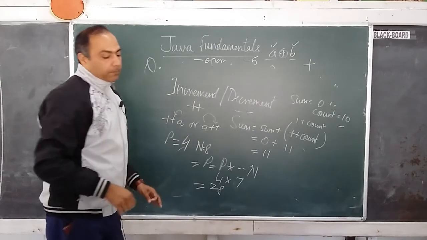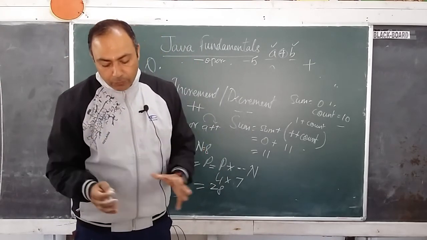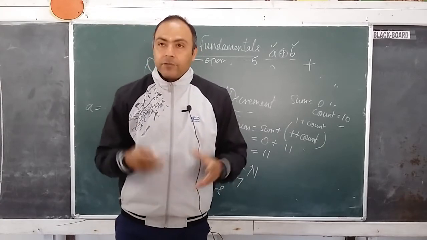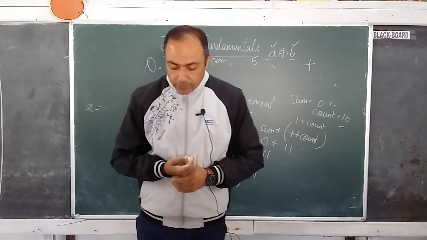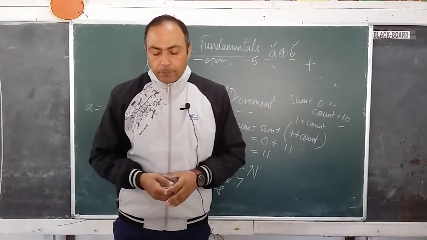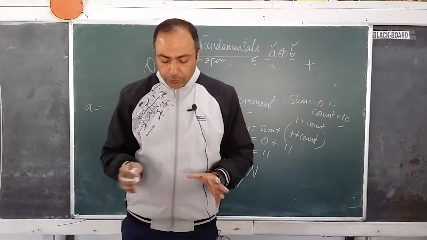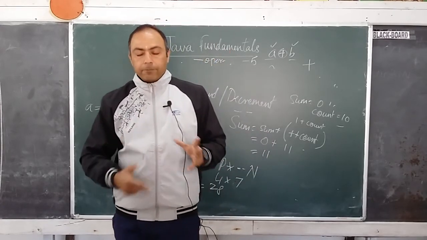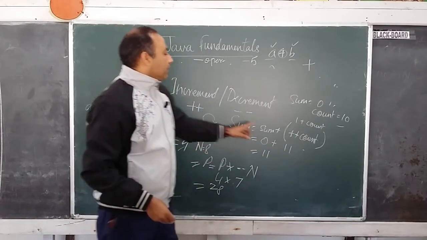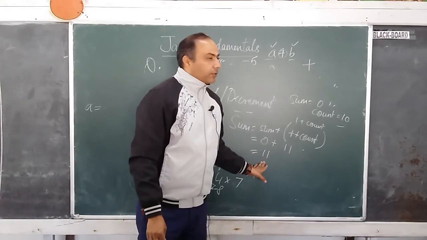So prefix means the change will happen first and then it will use the value. It will change and use the value, and if it is postfix, it will use and then change the value. So while working with the prefix version, you have to understand that the action will take place first and then the answer will be there.